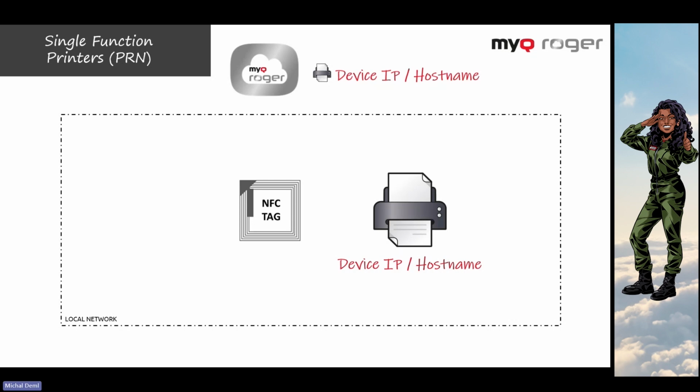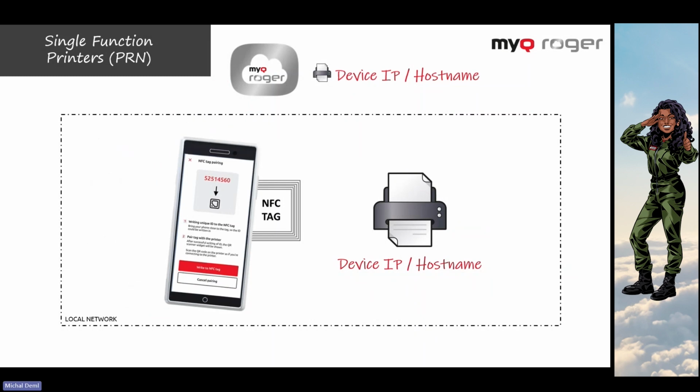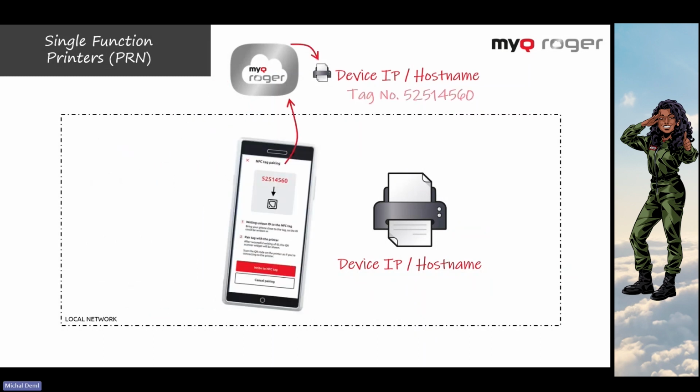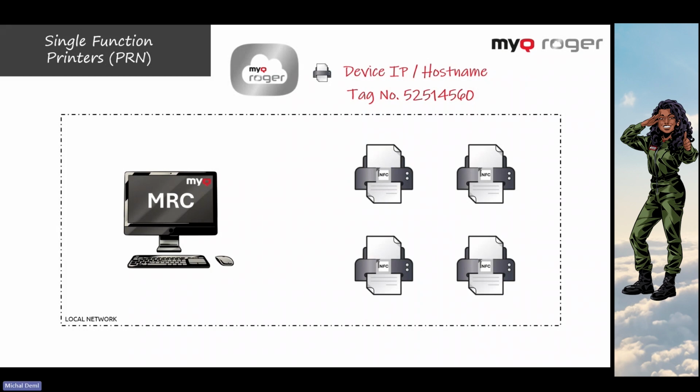Now, this NFC tag will be the key player, which will allow us to securely release the job on the machine. And of course, the mobile application. So what you will do, most of you probably guessed that already. You'll just use your mobile phone to program that NFC tag, assign it to the profile we have created in the web UI of Roger, and then just use a sticker and put it on the front of your single function device.